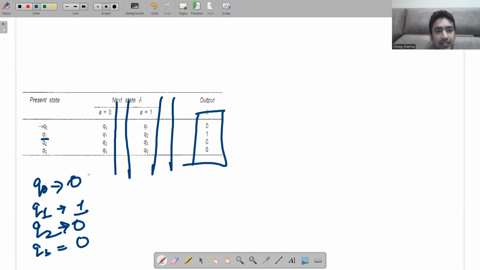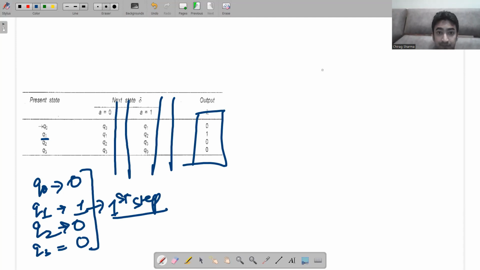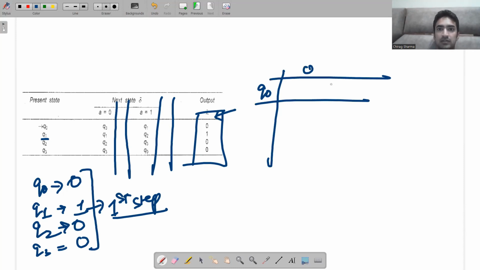Since you have already taken the 4 outputs of the states, the first step is achieved. Your second step is how you will convert from Moore to Mealy: you have to substitute this output in the transitions. So we have Q0, we have a particular state with 0 and 1.